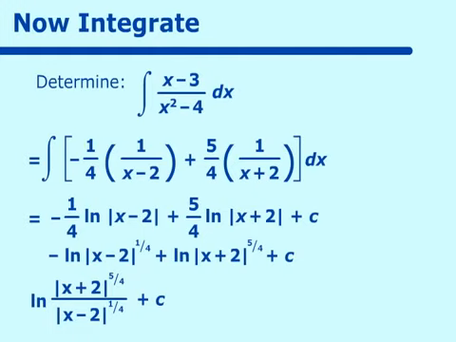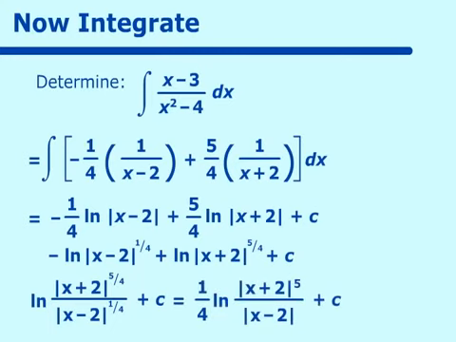And we can make one final revision and make it equal to 1/4 ln of the absolute value of x plus 2 to the 5th power over absolute value of x minus 2 plus a constant. You will see them written either way, in the longhand form or this division form.